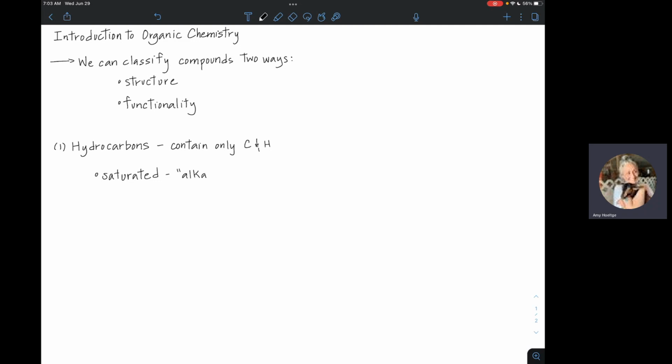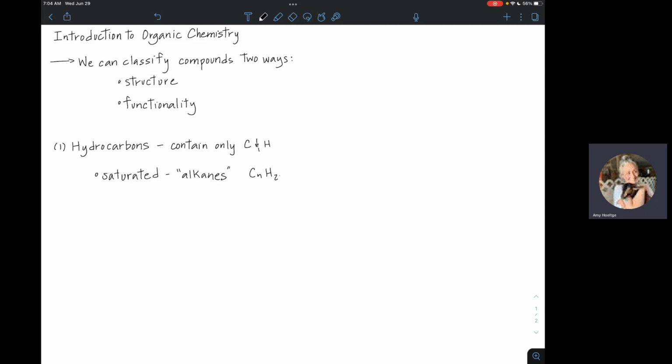And the first family of compounds that fall into this category are going to be called our alkanes. In general, the structure for an alkane is CnH2n+2. So n is just the number of carbons that are actually in the molecule.